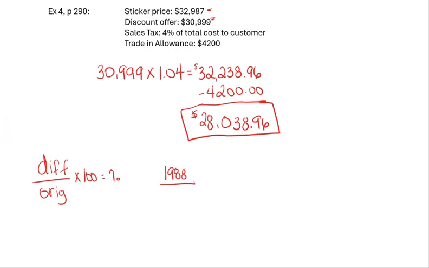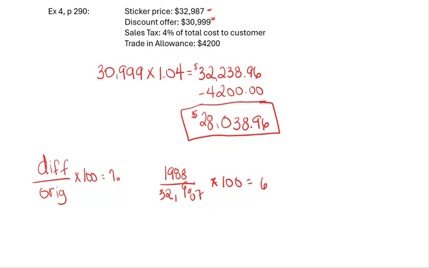And then the next thing I'm going to do is I'm going to divide by the original cost, or the original sticker price, which is $32,987. And then I'm also going to multiply by 100. And when I get that, I'm going to get the number, when I round it, of about 6%.